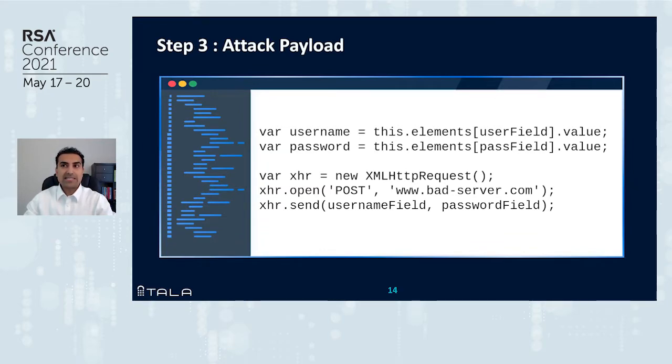The first 2 lines say, let's read the username and password values when they're typed in by the end user. That's how easy it is for one JavaScript, or any JavaScript, to read anything from a web page. And the next 3 lines say, hey, let's send this data out to badserver.com. And that's all there is to data exfiltration in JavaScript.